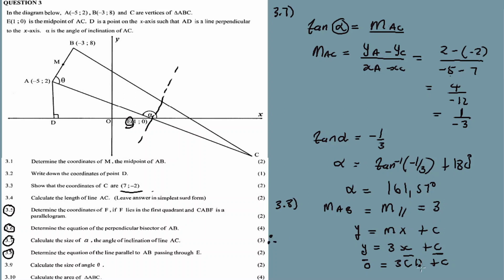Therefore 0 equals 3 times 1, which is 3, plus c. Minus 3 on both sides, so negative 3 equals c. Therefore, our answer is y equals 3x minus 3. This is the equation for the line parallel to AB.